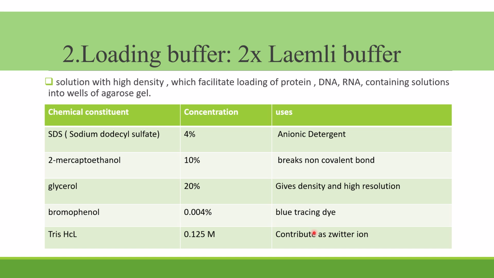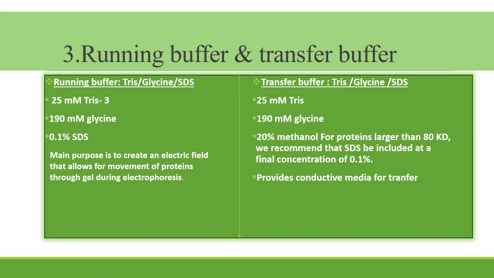Then we have bromophenol blue. It is a tracing dye. HCl contributes the ionic effect and pH. So the next thing we have is running buffer and transfer buffer. Running buffer basically has just Tris, glycine and SDS. Transfer buffer again has the same, with just certain differences in concentrations.